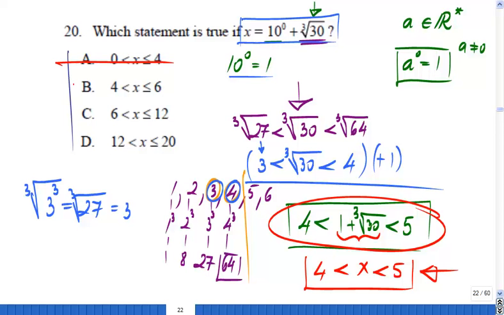Well, my statement here will fit this requirement of being between 4 and 6. Looking at C, x greater than 6, less than 12, not good. Same story with D. And that's why for this problem, the answer is B.